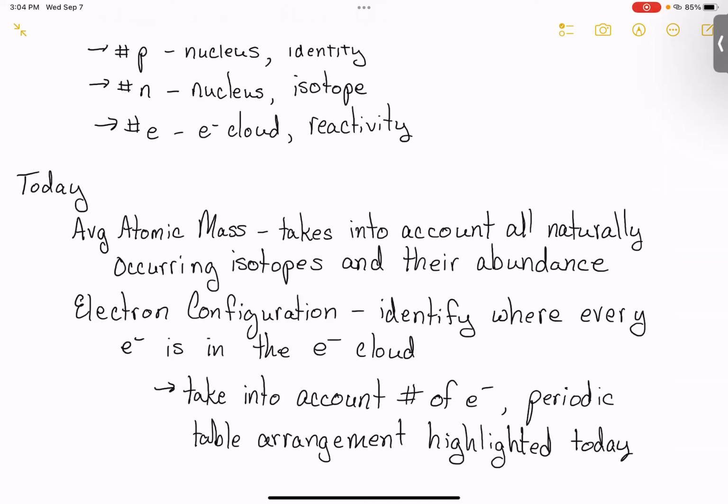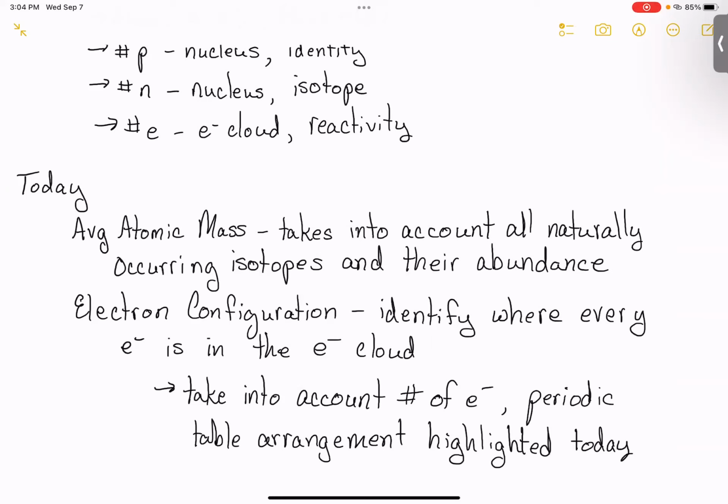The second thing we're going to talk about today is the electron configurations. As we talk about an electron configuration, what we're going to be doing is helping you to identify where every single electron within an atom resides.